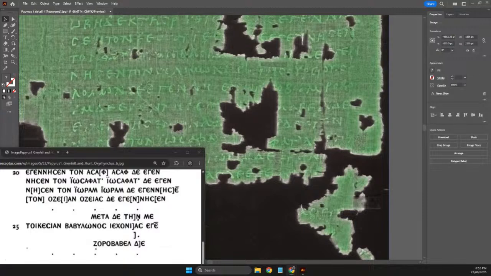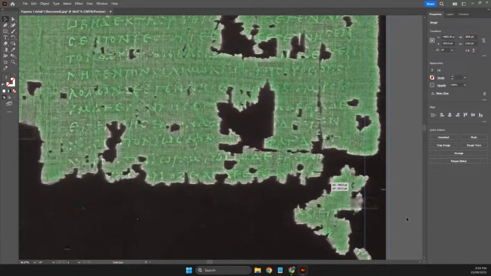Okay, Matthew 1:9. Egennesen ton Akaz de egennesen ton Ezekiel. But it does seem like that is an epsilon there. Well, that's definitely one there, but it does seem like there's one above it. But I'll have to zoom in a bit more.